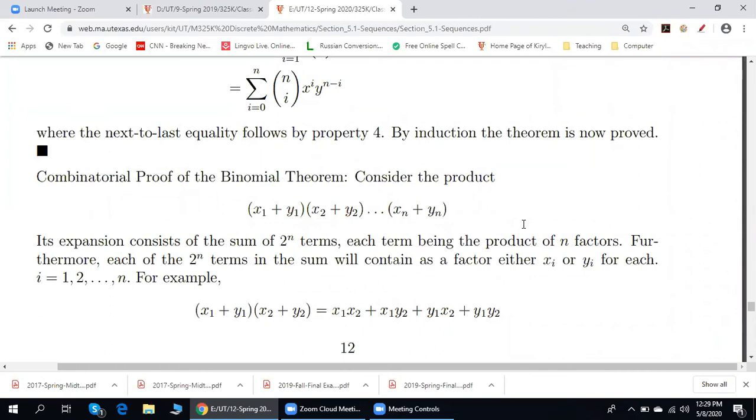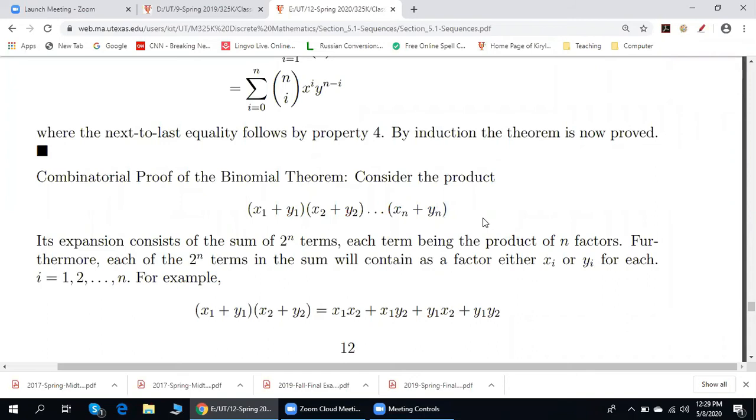Can you use the multiplication rule and combinatorics? Yes, using the distributive property, you have to either do x1 times the other stuff or y1 times the other stuff, right? Exactly. So basically, we have n positions, position number 1, position number 2, and so on, position number n.